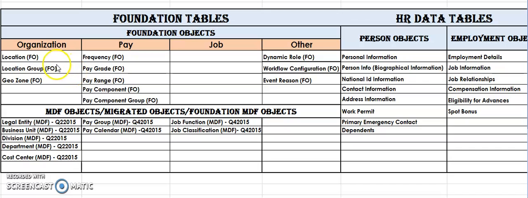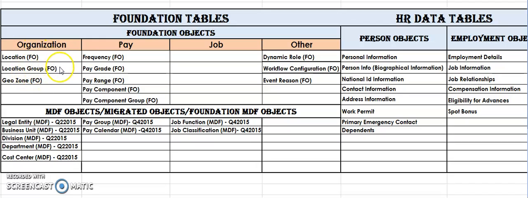Location group means the group, the particular state, and within that state, where are the locations? For example, if you take Andhra Pradesh: Vijayawada, Visakhapatnam, Guntur, etc.